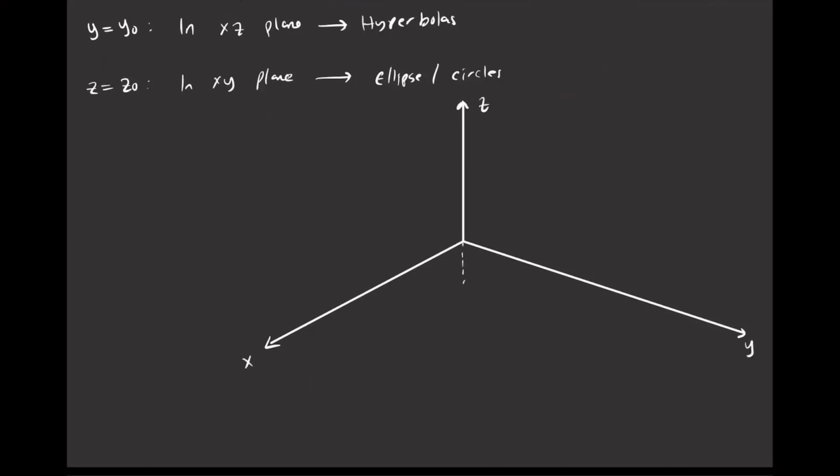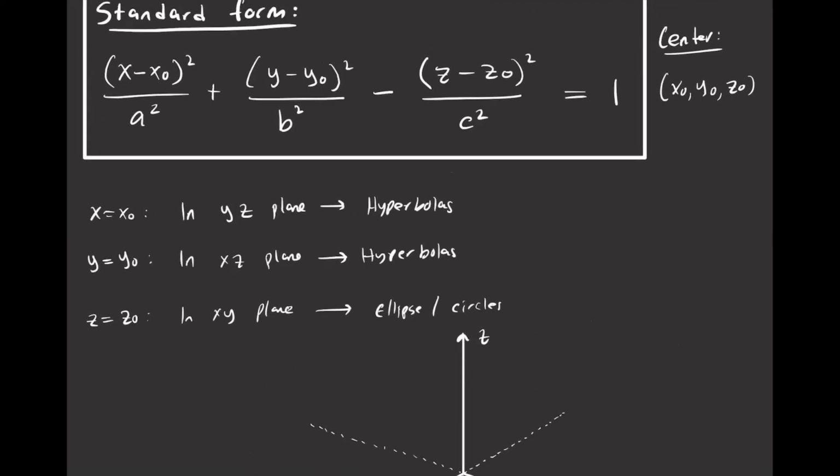Here's the negative z-axis, here's the negative x-axis, and here's the negative y-axis. Now, if you look at the standard form, since z has the negative sign, the picture will be along the z-axis. Whichever variable has the negative sign, that's where your picture will be along.